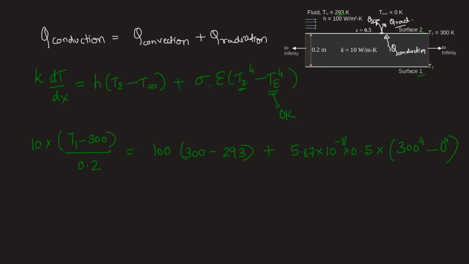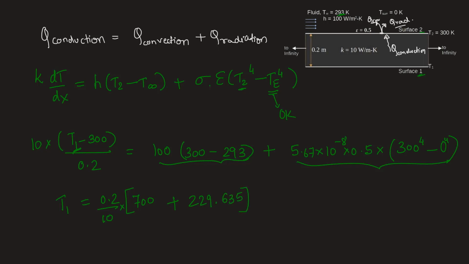Now rearranging this in order to find T1, because that's what we have to find, the temperature of surface 1. T1 will be equal to, this first term is 700. We'll keep the right hand side terms in the bracket so that we can multiply the right hand side by 0.2 by 10. So in the bracket, this first term is 700 plus this second term turns out to be 229.635.